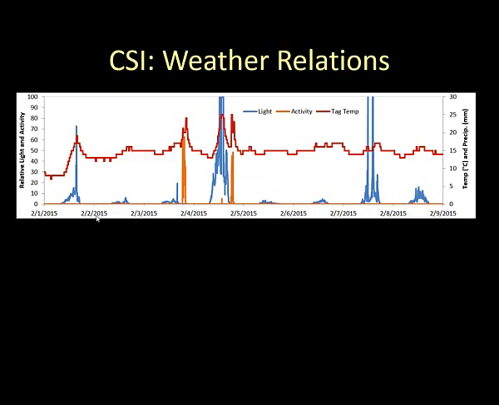Then we see that the bat moved, reflected here in orange, and it was in an area with a lot more light, moved again, and went back to a spot where there was very little light. In eastern red bats, they're known in the winter and very cold temperatures to sometimes burrow beneath the leaf litter to conserve warmth. So I was thinking, maybe something like that was going on with the hoary bat.